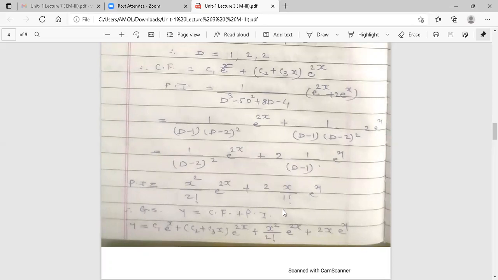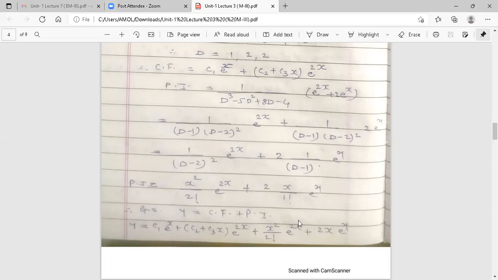Or you may use the same formula 1 upon (D minus a) to the power r into e raised to x. The factor is 1, the coefficient is 1, and the value of r is here 1. So x raised to 1 upon 1 factorial into e raised to x.